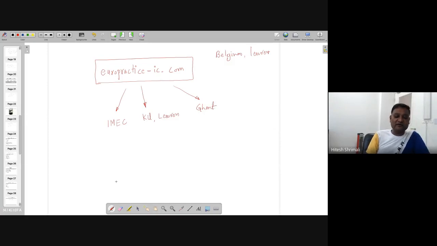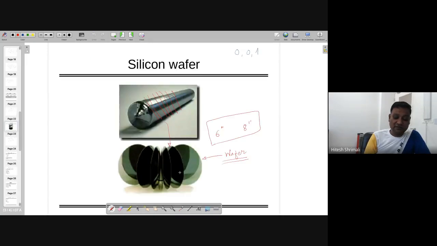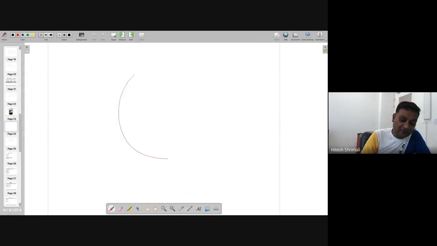All these are merged together, and they thought that if I want a wafer and want to purchase it, one has to pay lots of money. Let's assume that Intel wants to make this, and it is taking this whole wafer, which looks like this. In this wafer, you may have many ICs.